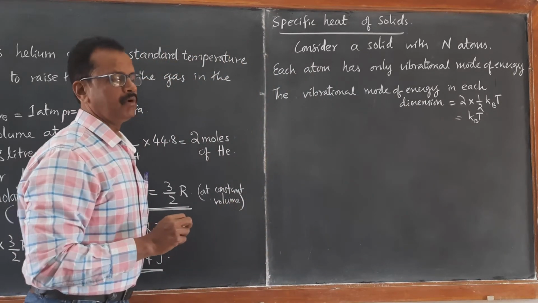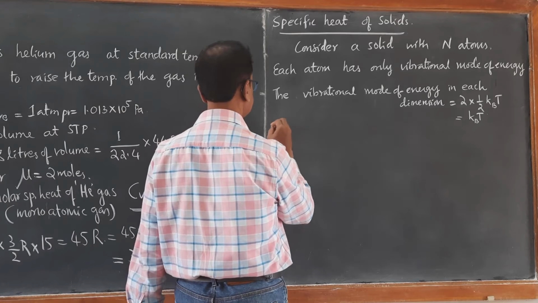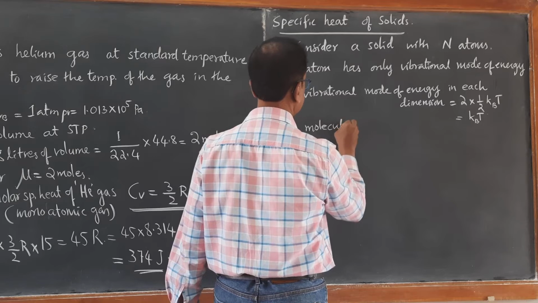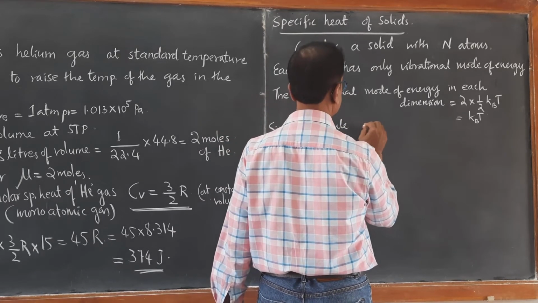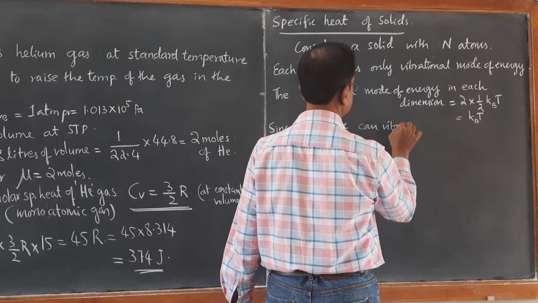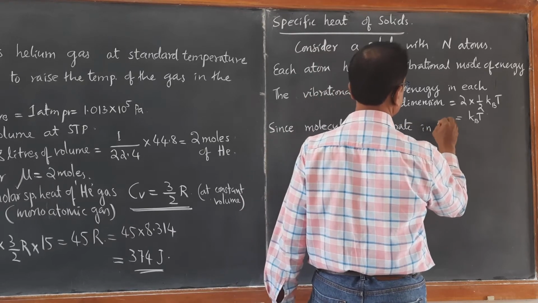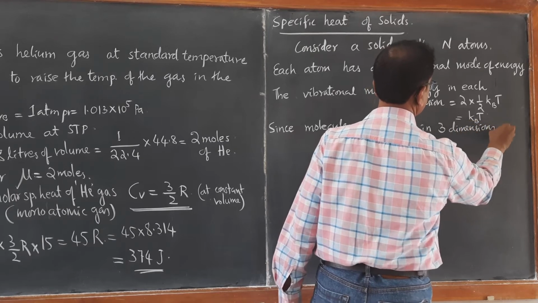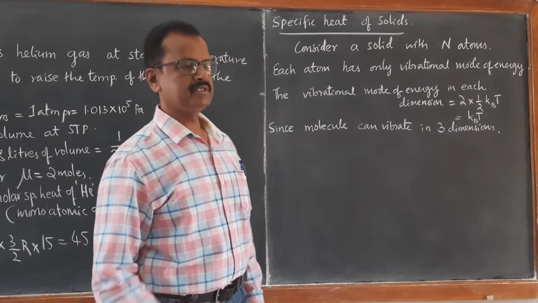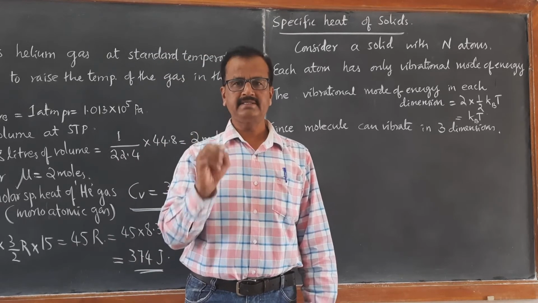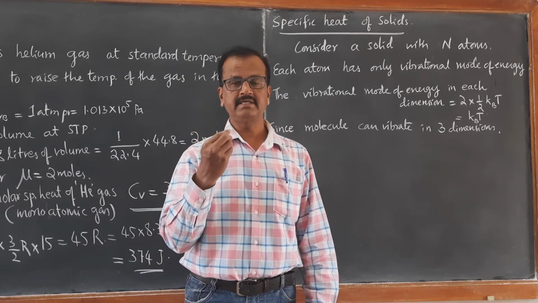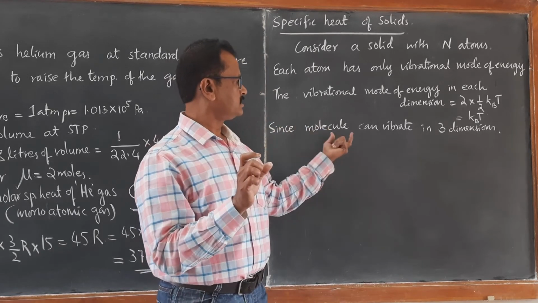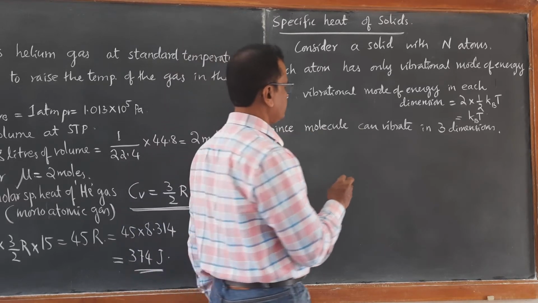Since the molecule can vibrate in 3 dimensions, that means about the x-axis it can vibrate, about the y-axis it can vibrate, and about the z-axis it can vibrate. So it has 3-dimensional vibrations.